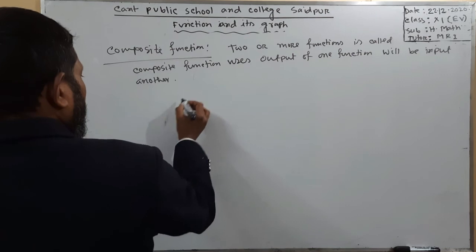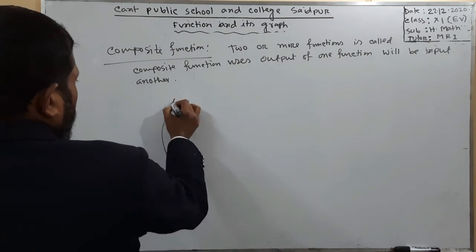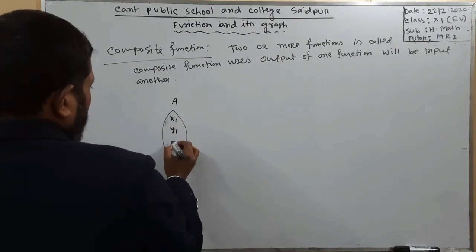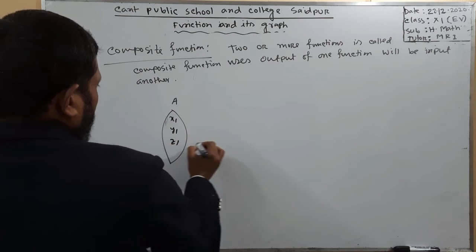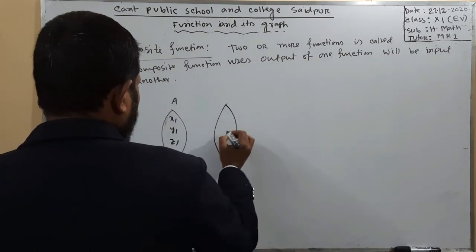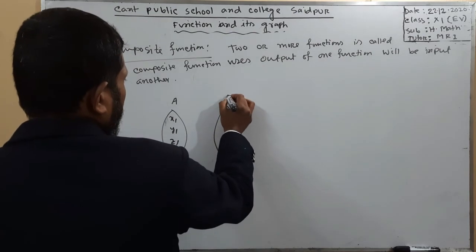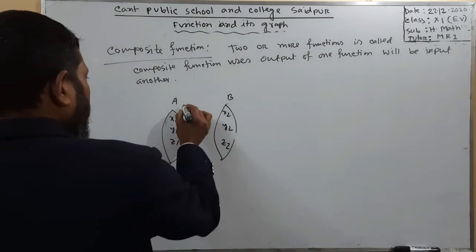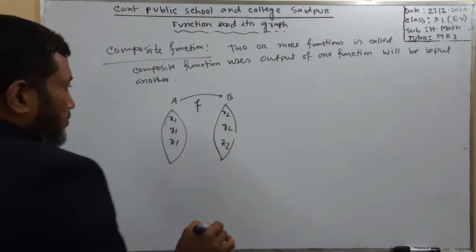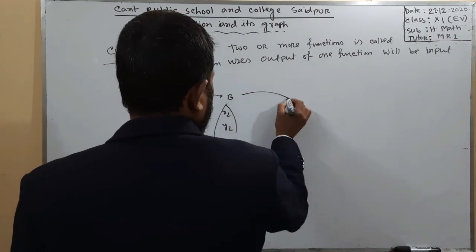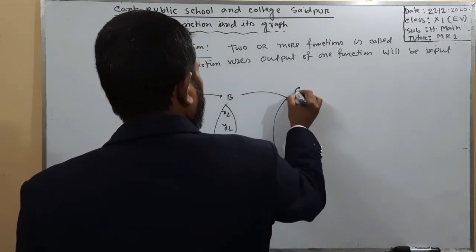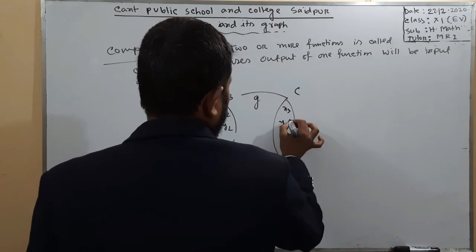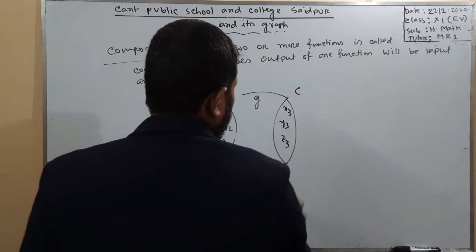Suppose A is a set with elements x1, y1 and z1. B is another set with elements x2, y2 and z2. f is the function from A to B, and from B to C is another function g, with elements x3, y3 and z3.